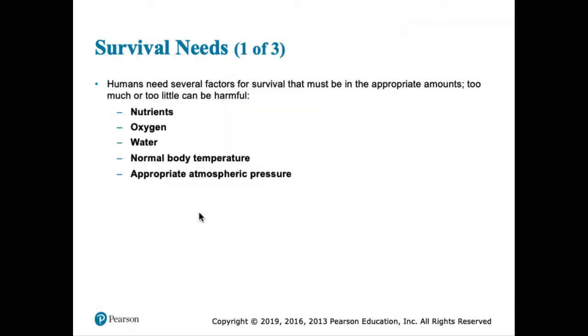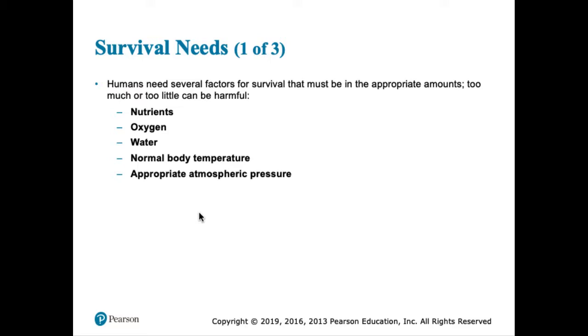So another thing that we'll talk about as we go through is the survival needs that we need in order to function daily, essentially. We need several factors that must be in the appropriate amounts. Having too much of them or too little of them can be harmful.